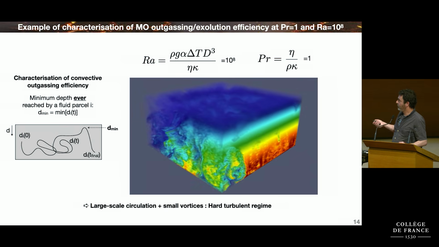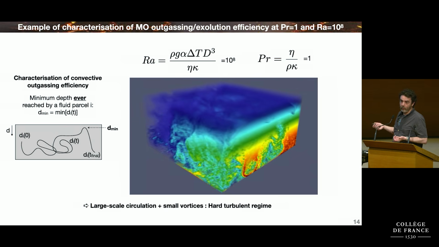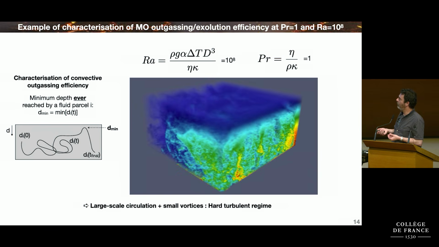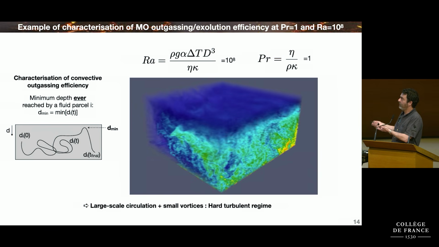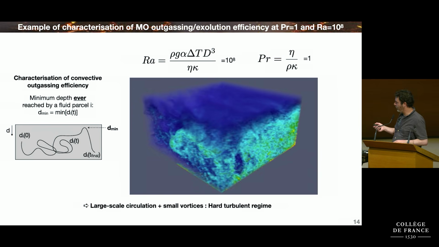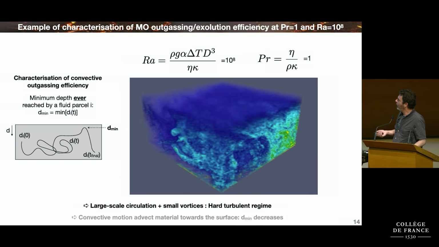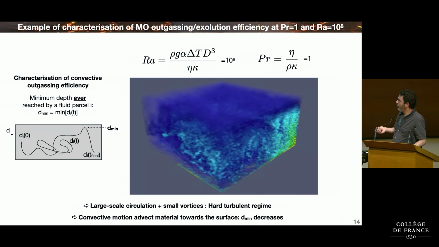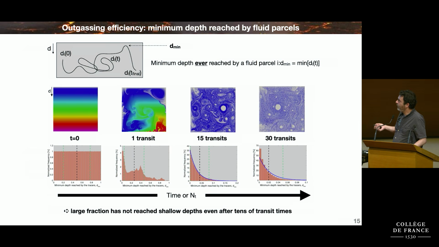And so this illustrates also that it takes some time to outgas the material, because it takes some time to bring material towards shallow depths. And so we wanted to be a bit more quantitative about that. So I'm showing you different snapshots in time for similar experiments. This is the minimum depth. You see that it's decreasing with time.